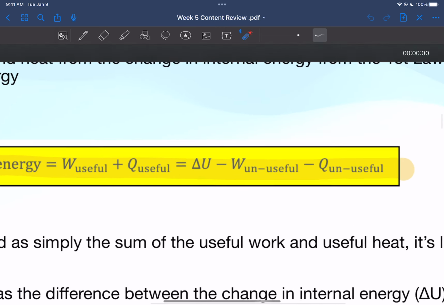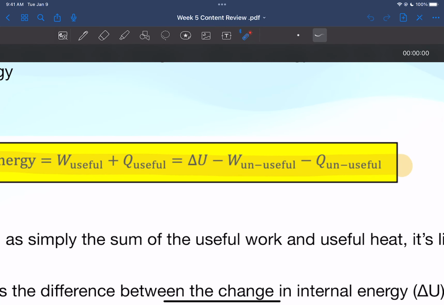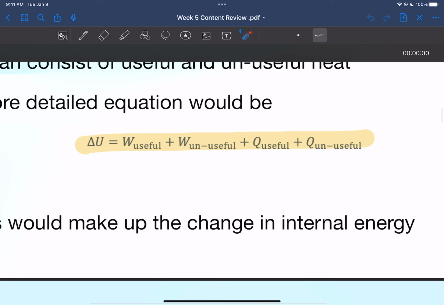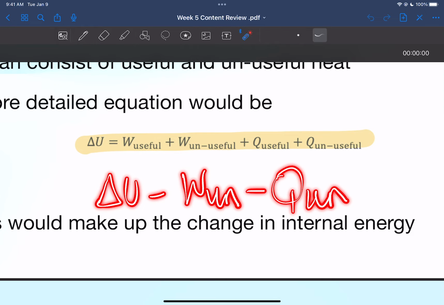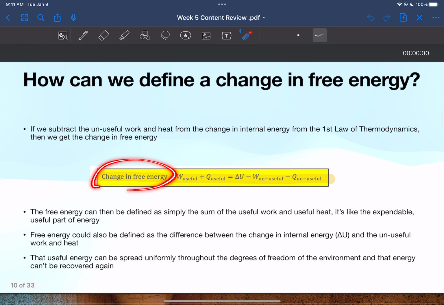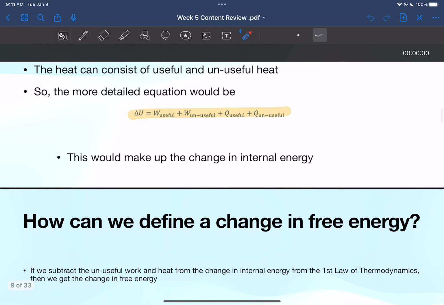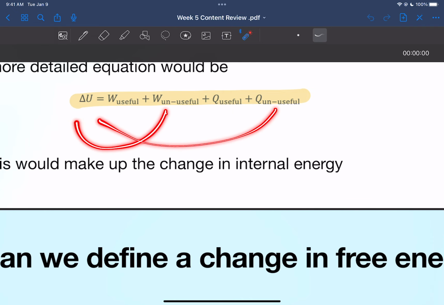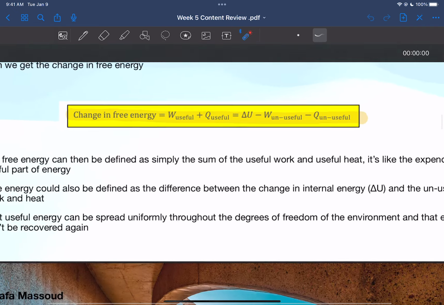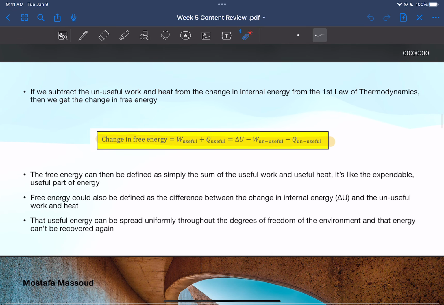So delta U minus W unuseful minus Q unuseful gives us our change in free energy right there. And what you notice too is that if you subtract those two terms over, you're left with free energy that can also be defined simply as the sum of the useful work and the useful heat. It's the expendable, useful part of energy. So change in free energy can be defined two ways.